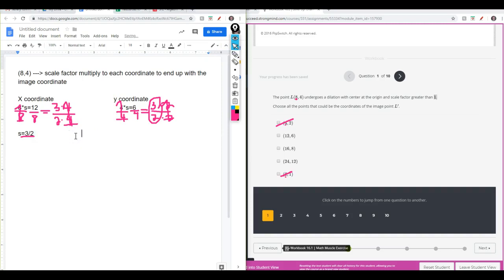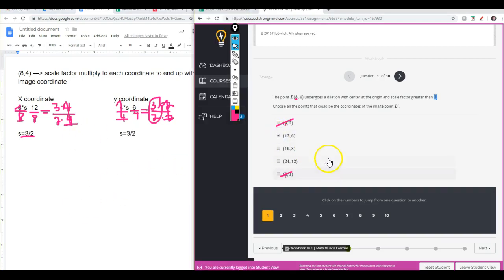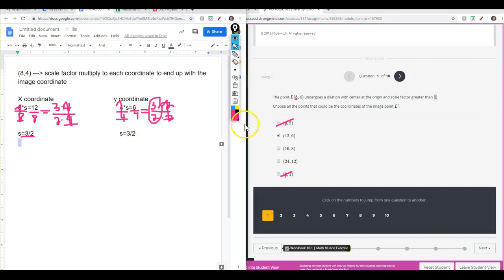So the scale factor over here is 3/2. So yes, that could be a possible coordinate of the image, because the scale factor is greater than 1. So that one's good.